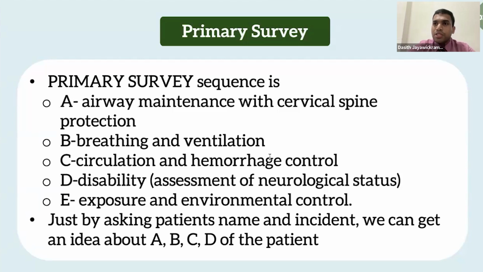And the circulation is also at least less than class 3 hemorrhagic shock. And for disability, he has a higher GCS, because if the patient can speak, the verbal component comes as 5. So we can get a rough idea of the initial ABCD just by speaking to the patient.